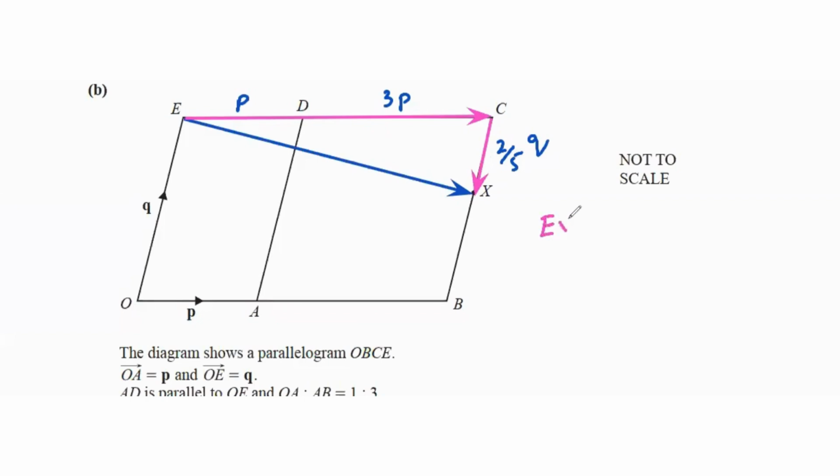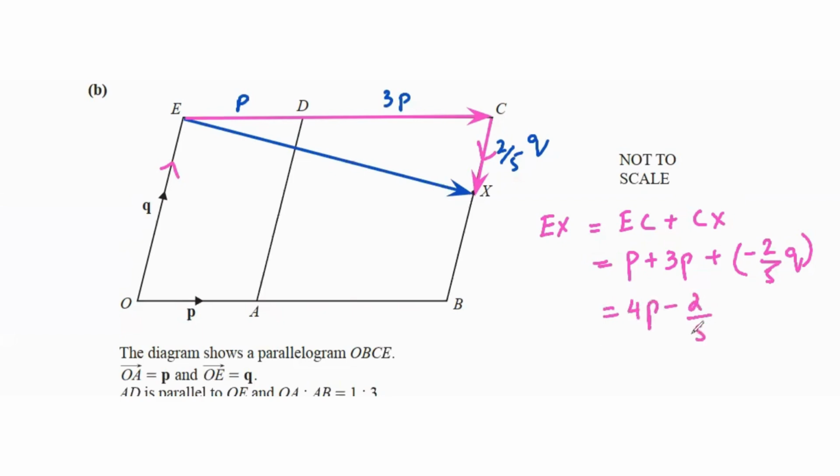So EX is going to be EC plus CX. So it's going to be P plus 3P plus negative 2/5 of Q. Why negative? Because OE is in this direction and CX is in the opposite direction. So the sign changes. That's going to be 4P minus 2/5 of Q. That is your EX.